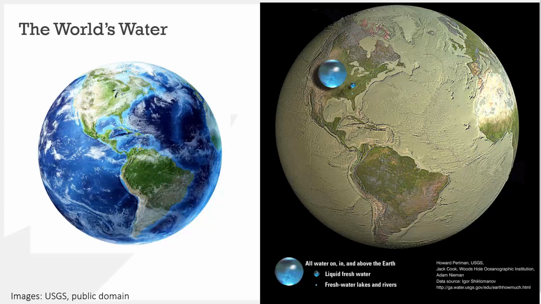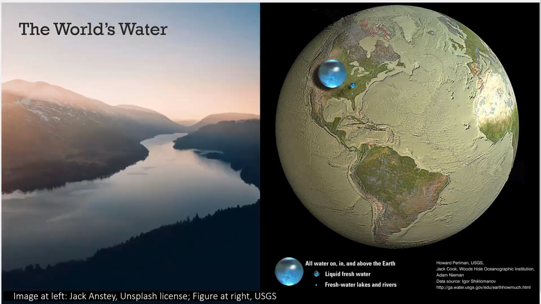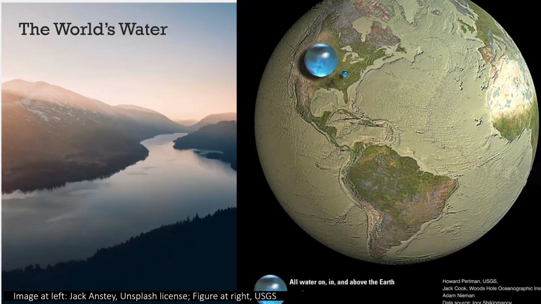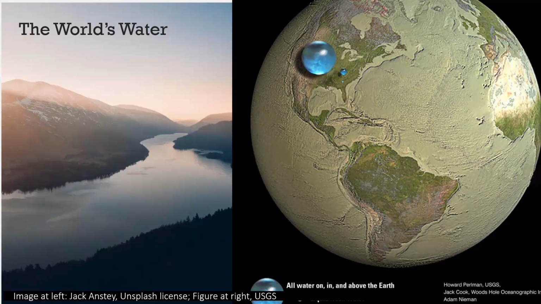But 99% of the fresh water that's in that middle sphere is too far below the ground surface and inaccessible to humans, and only 1% is near or at the surface as lakes and rivers. This small amount of surface water, 1%, is barely visible and shown as the tiniest sphere, just a dot, floating over Atlanta, Georgia.